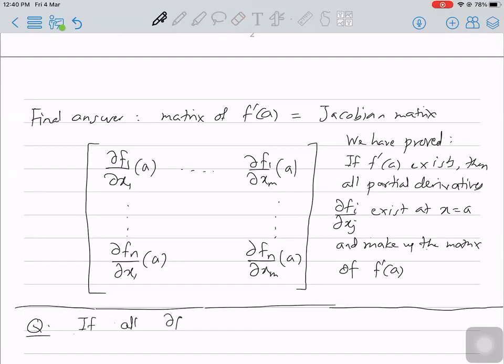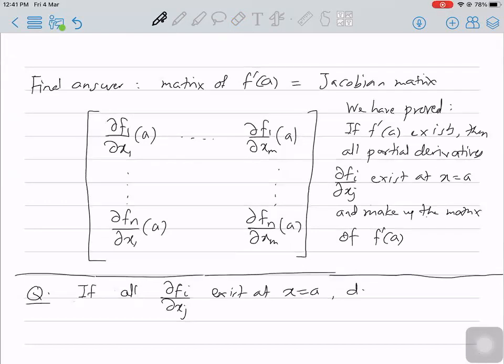If all del f_i by del x_j exist at x equal to A, does it imply that f is differentiable?